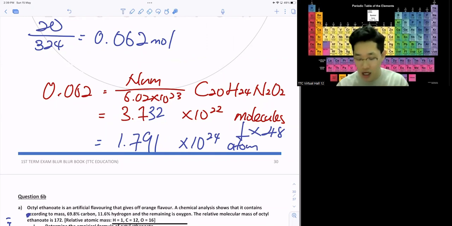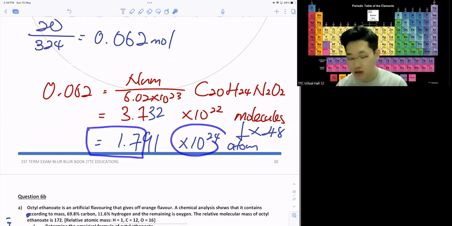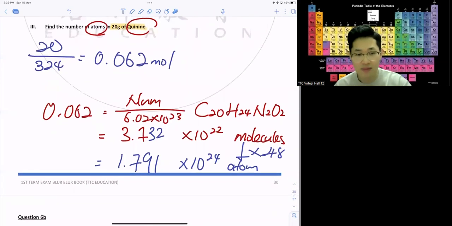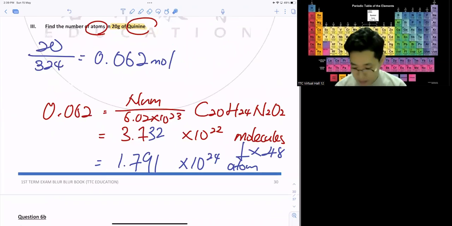So for this kind of questions, your teacher will just look at like the 1.7. If you can get 1.7 times 10 to the power 24, then your answer will be correct. Okay, that means they accept the value which is like 1 decimal difference, like 2 decimal difference, like that. Otherwise, it will be very hard. Okay, just like that, times 48.